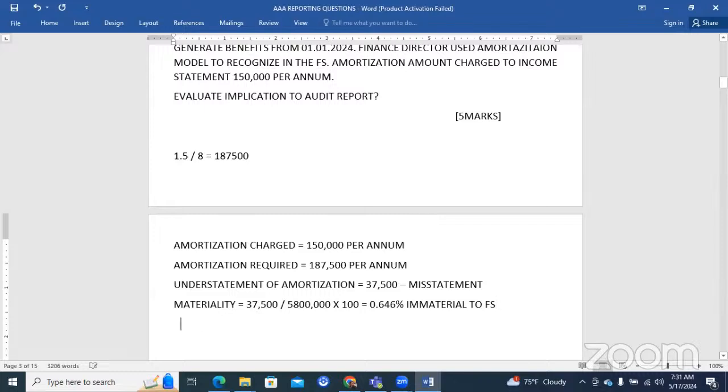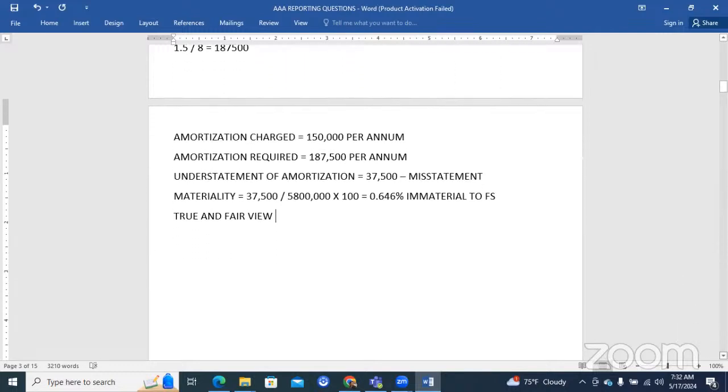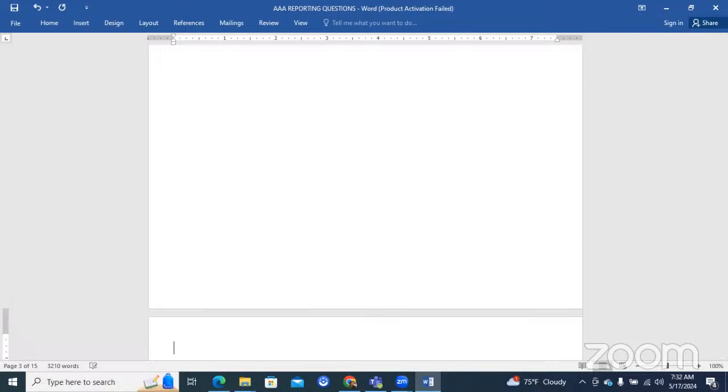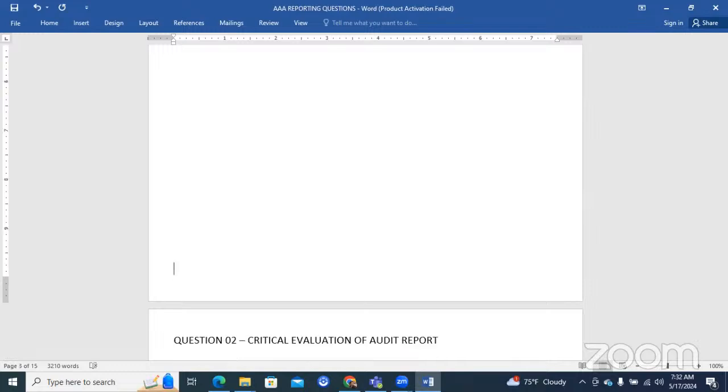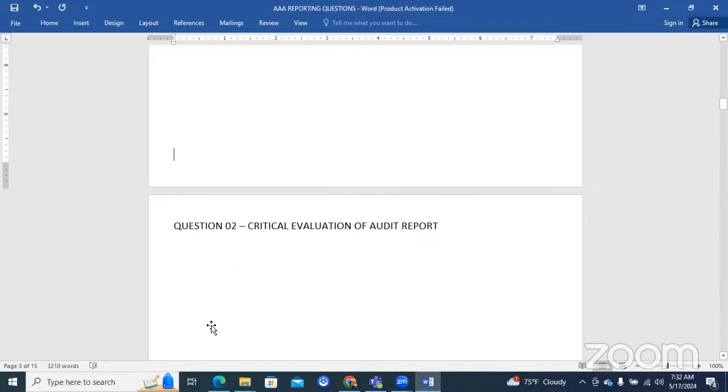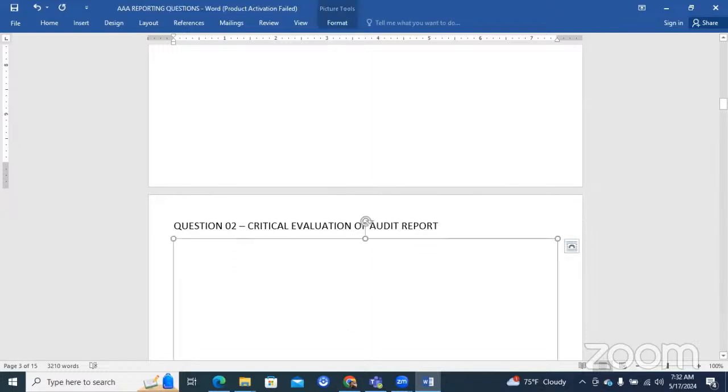So if it is immaterial, students, the opinion is simply true and fair. The opinion paragraph should be headed unqualified opinion, then true and fair.